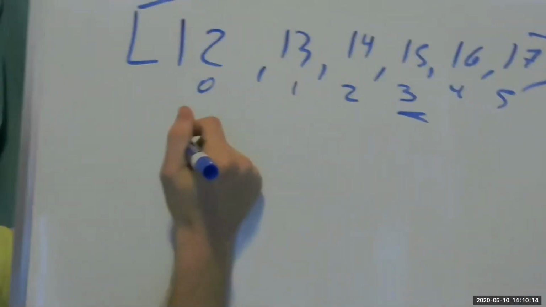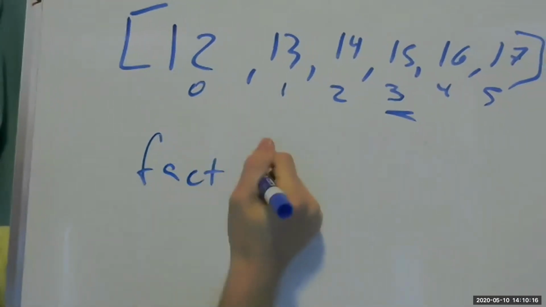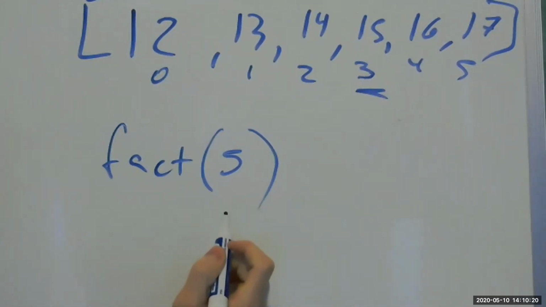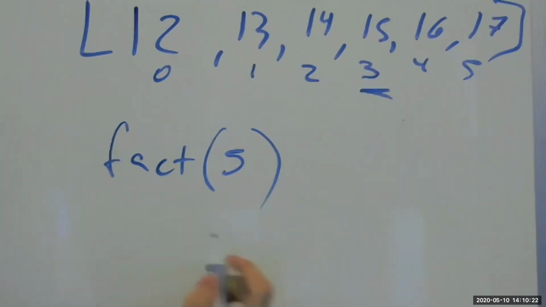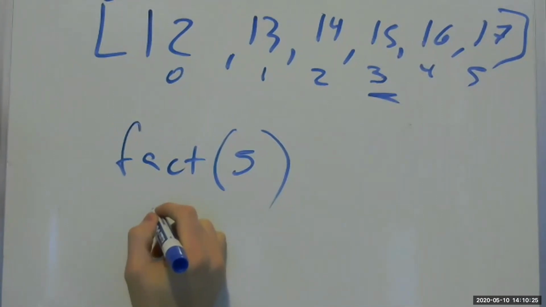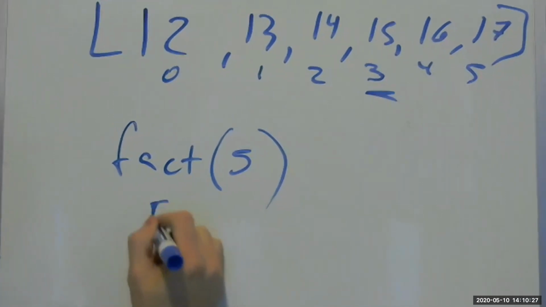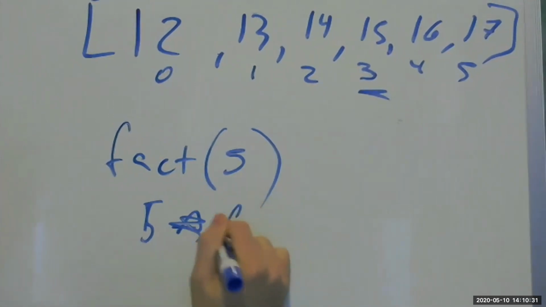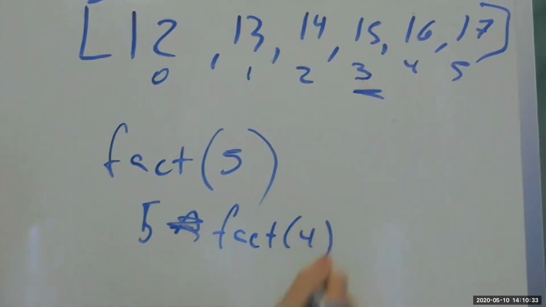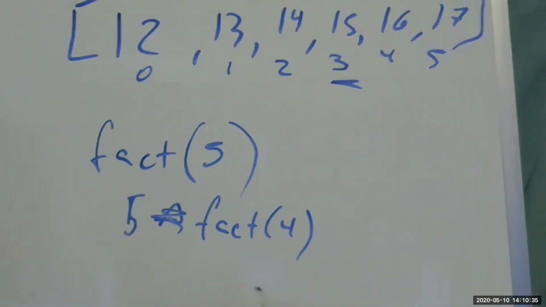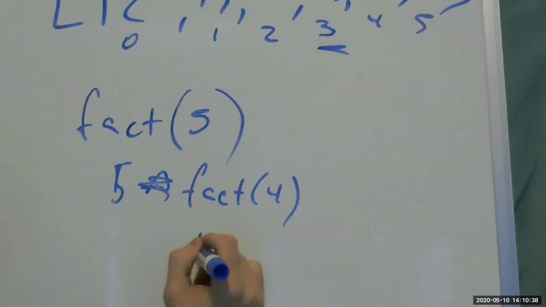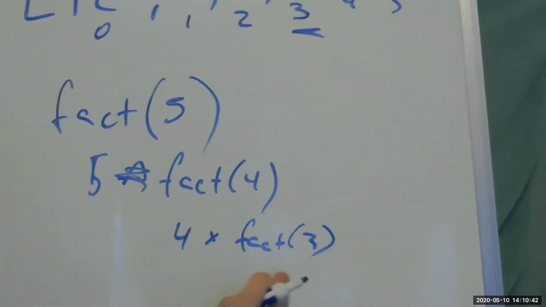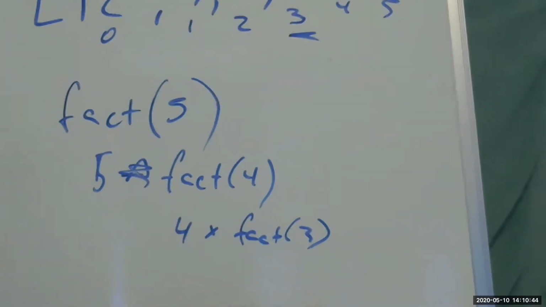That's like me saying I want the factorial of 5, and this is going to be whatever the factorial of 4 times 5. So that's like saying 5 times fact 4. But this hasn't resolved yet. So it goes down and it says 4 times fact 3. And that hasn't resolved yet because that's still calling a function.